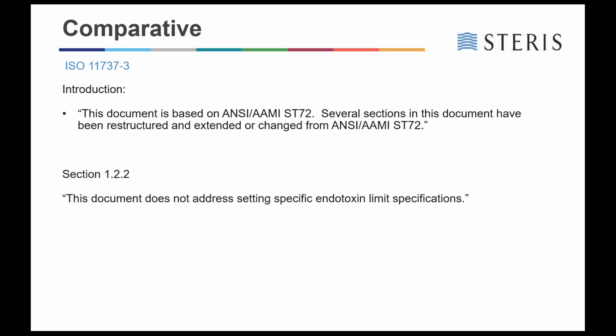The next thing I would like to point out to you is in section 1.2, and it just specifies that there are no specific endotoxin limit specifications, and the document doesn't specifically address those. Although we'll take a closer look at that in a little more detail later on, because I think that's an important aspect.